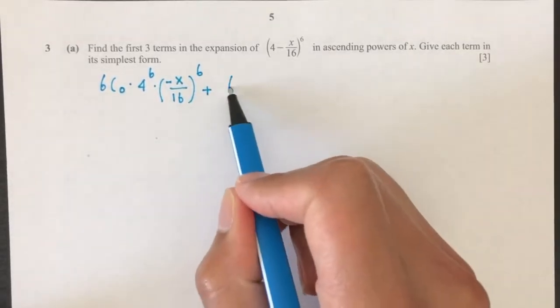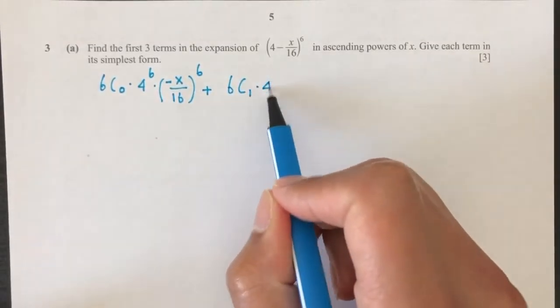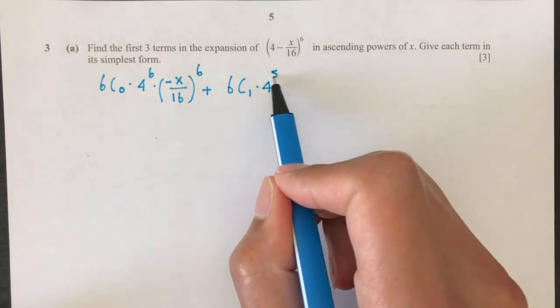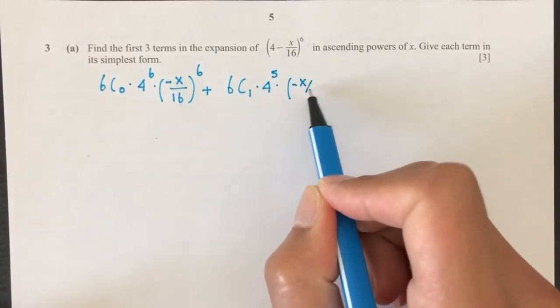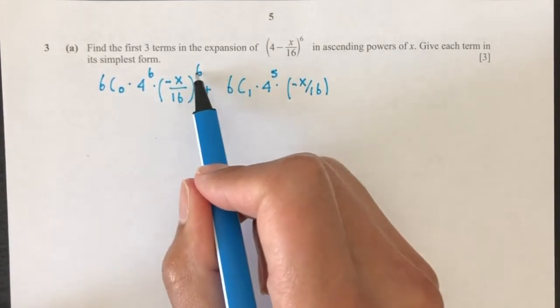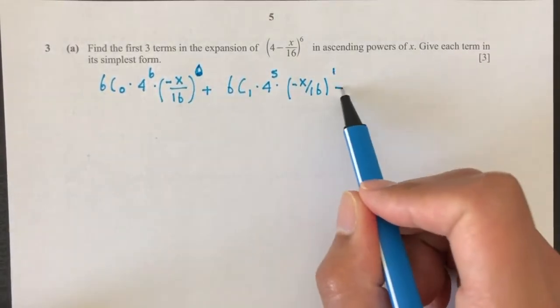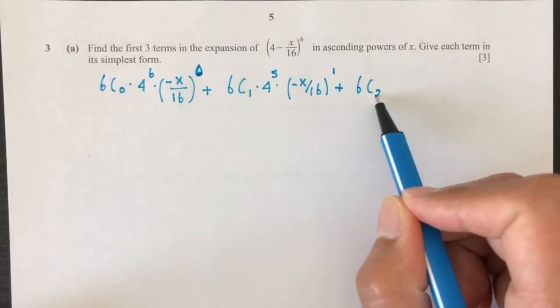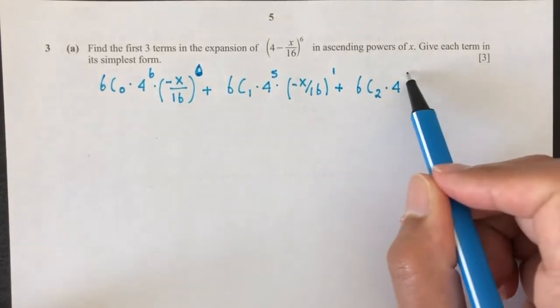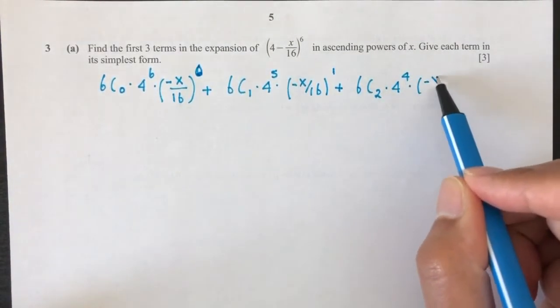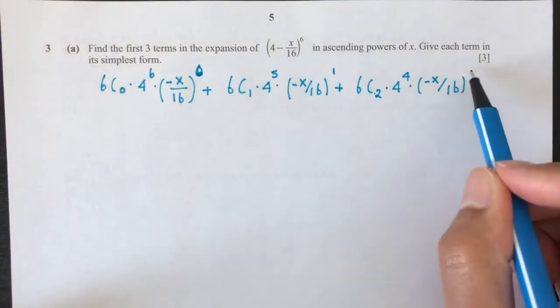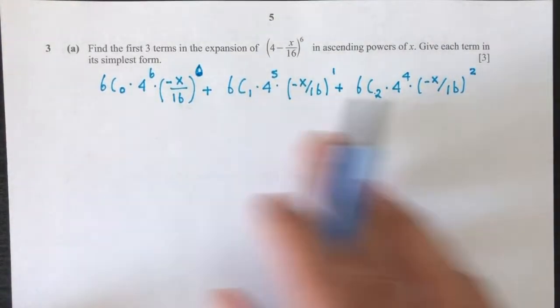Now plus 6 choose 1, 4 power 6 minus 1 is 5, and then minus x over 16 power, so this is 0 actually, this will be 1. And the third term will be 6 choose 2 times 4 power 4, and then minus x over 16, this is 2. The first 3 terms.